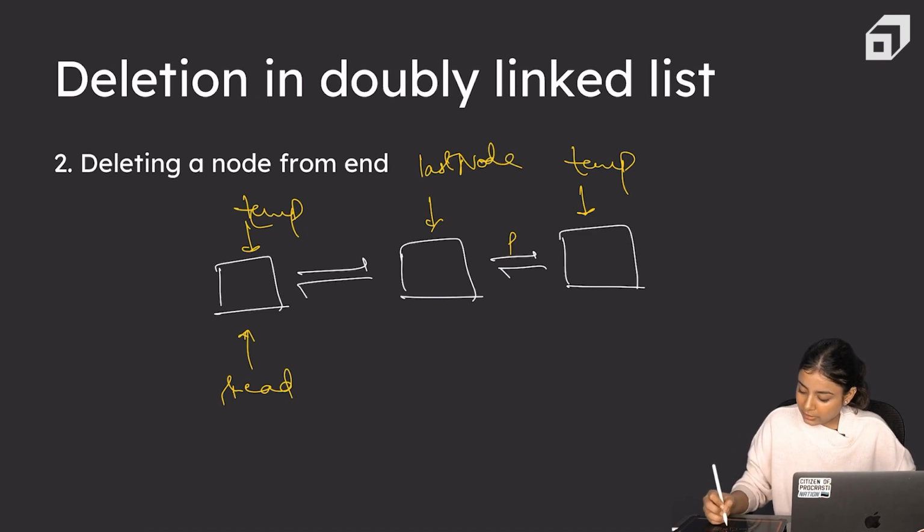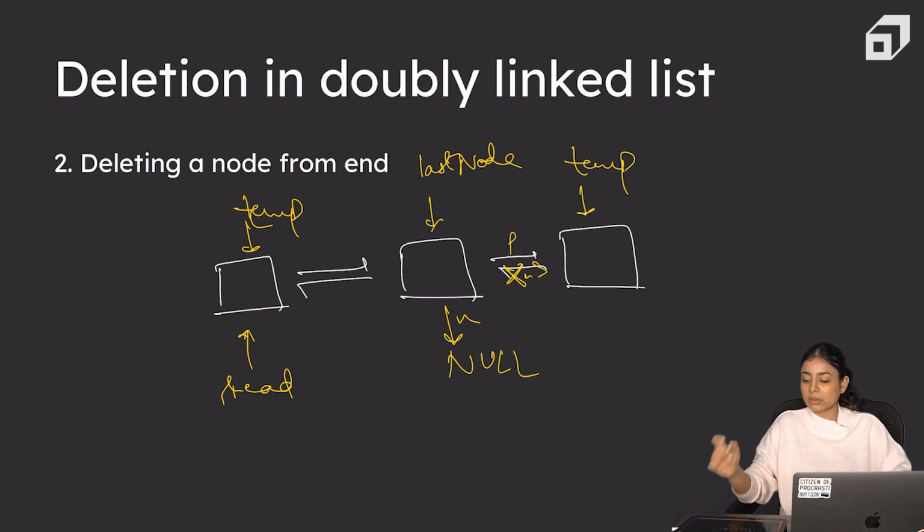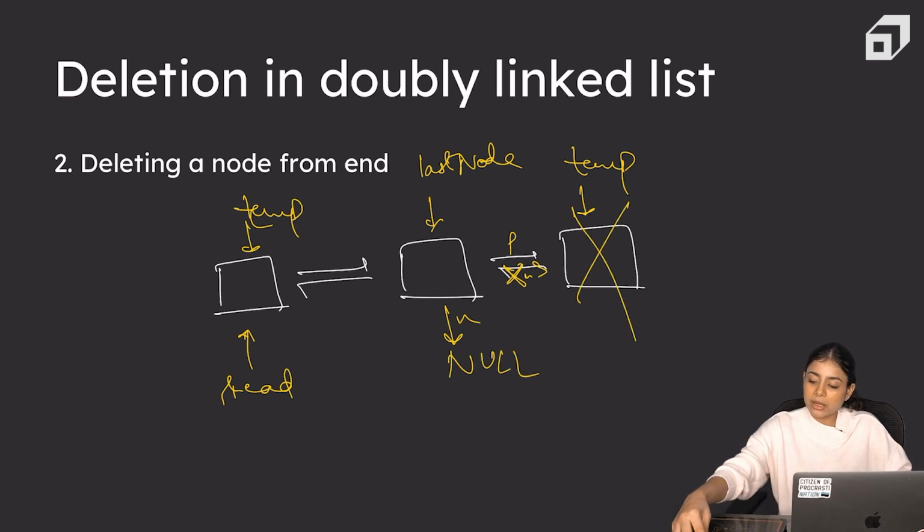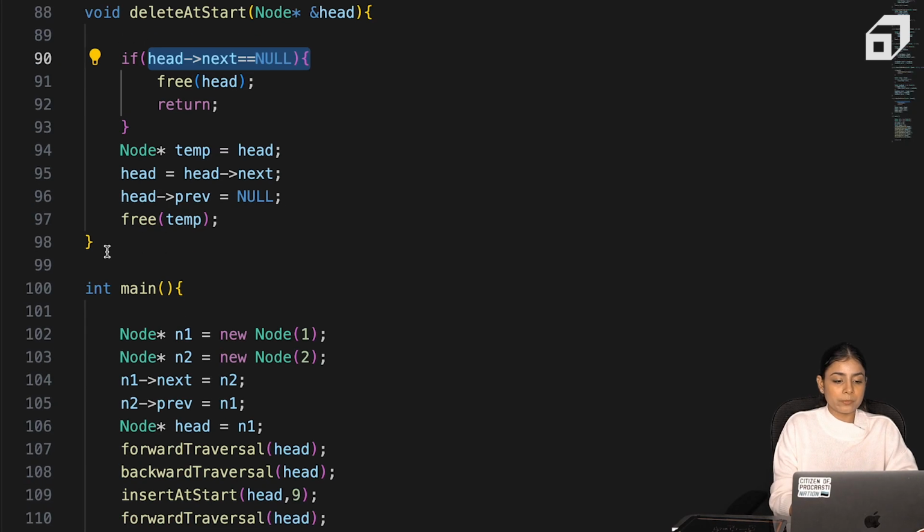So I'll remove the last node's next and make it point to null, because the last node's next should be pointing to null, and then I can free up my temp node.